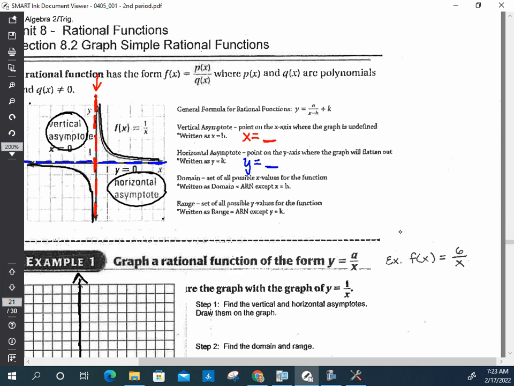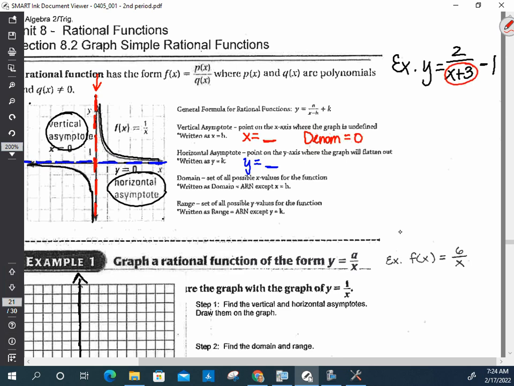Let's show using an equation how you would solve that out. Let's say that we are given the equation y equals 2 over x plus 3, minus 1. To find the vertical asymptote, you take the denominator and set it equal to 0.